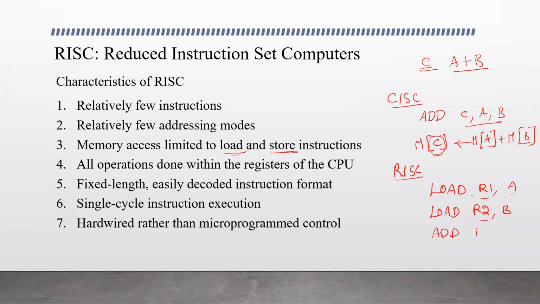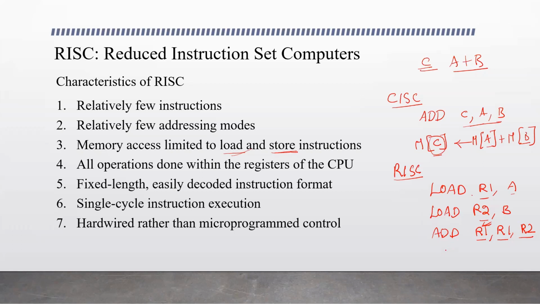The format to add R1 and R2 and store the result in R1 is add R1 comma R1 comma R2. So this adds R1 and R2 and stores it in R1. Now the result is in R1.